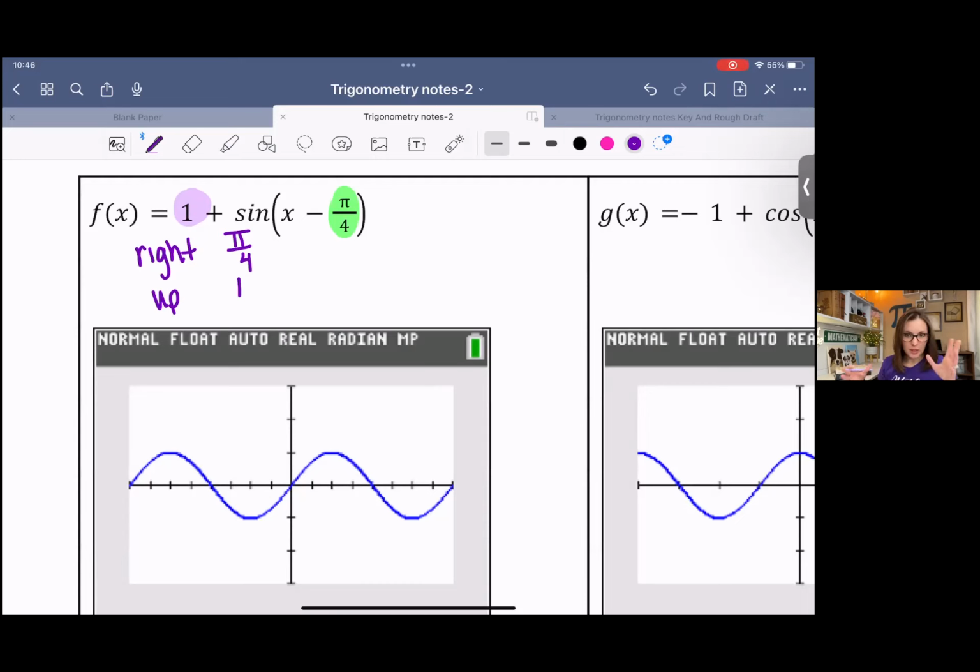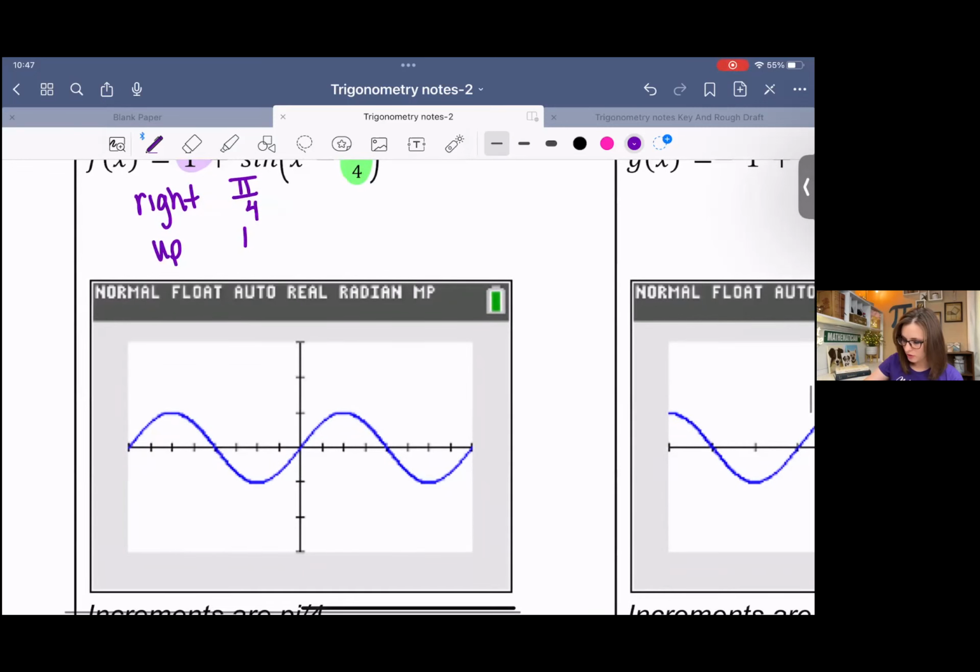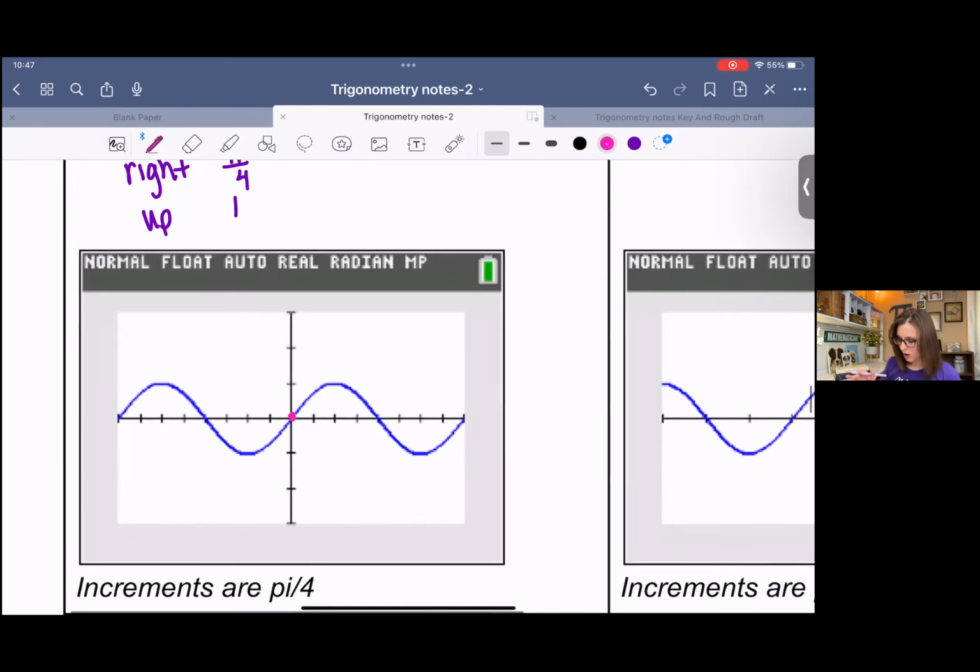And it's easiest, like I said earlier, to take some reference points, some anchor points, and move those. So very simply, I have 0, 0 right here. It would be very simple to move 0, 0. And I have written down below the graph that these increments are in pi over 4, and I will show you how to do that in the calculator in just a few minutes, but for now, don't worry about that. But the increments are pi over 4.